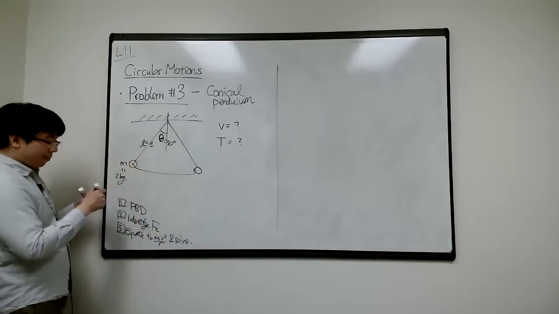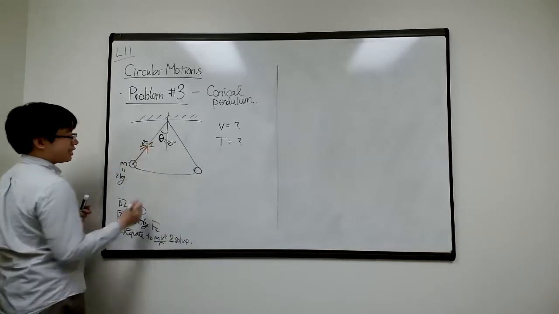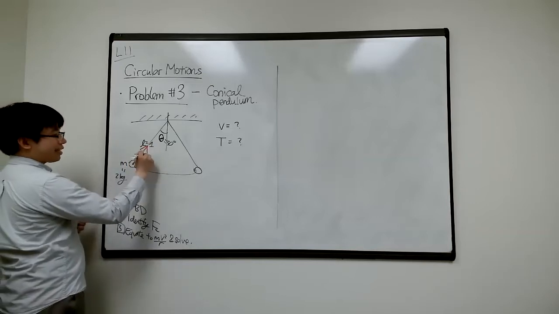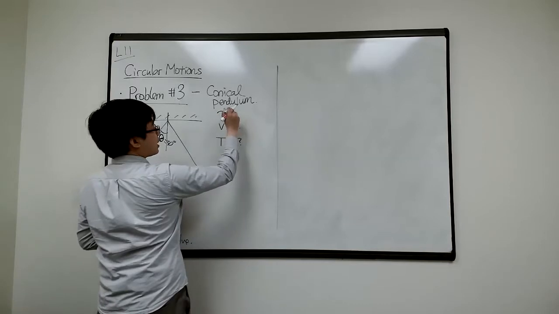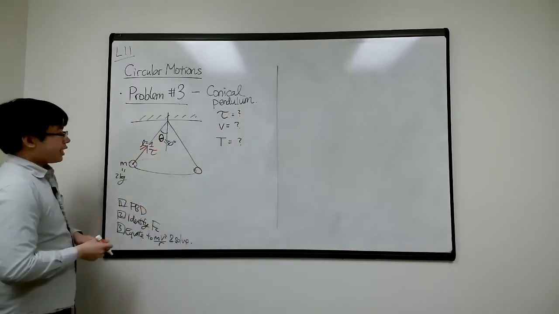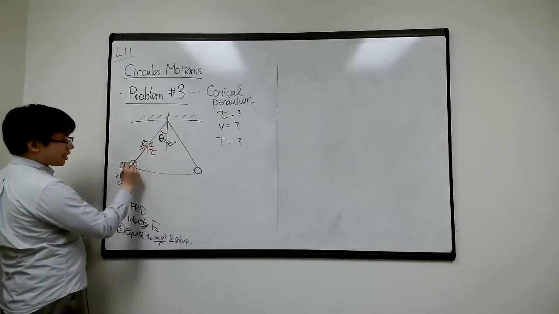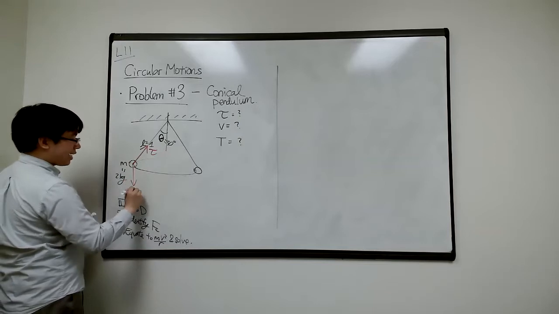So what's the free body diagram over here? What's touching it? What's in contact? Well, that's the tension. All right. So we're going to call that tau over here. Yeah, we're going to solve for the tension as well. All right. So that is all the contact force there is, and then there is the weight.